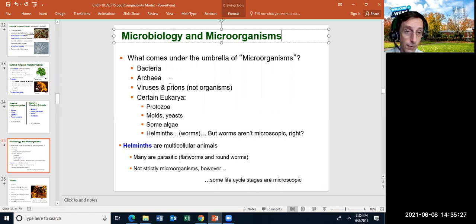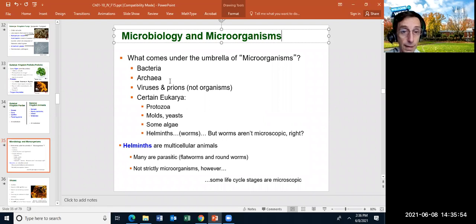You could argue that viruses and prions are not organisms because they don't have cells, but we do study them in microbiology, so we do call them a microbe. And a microorganism is used synonymously with a microbe. But remember that viruses and prions are not cells, so they're not organisms.